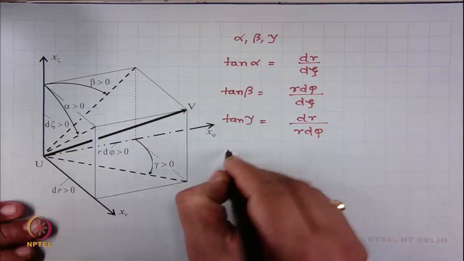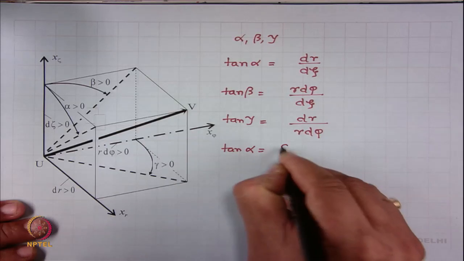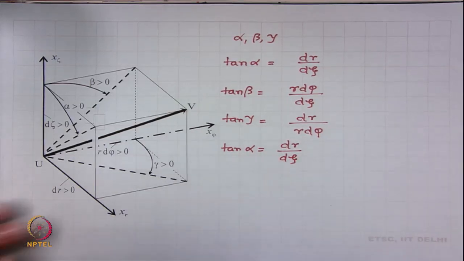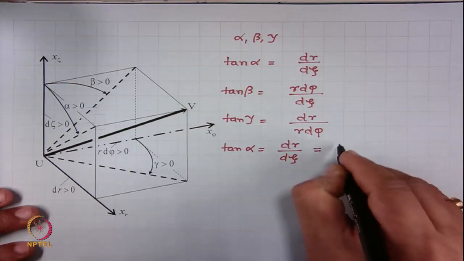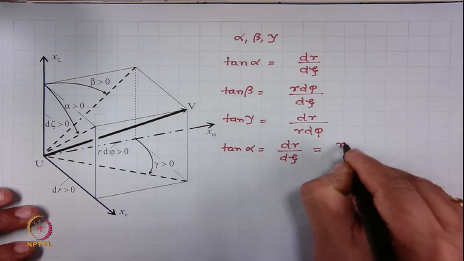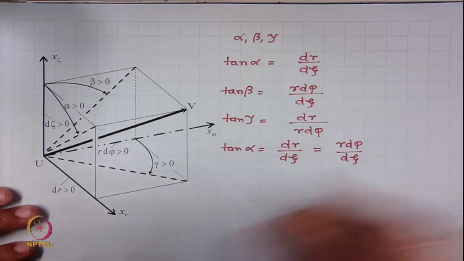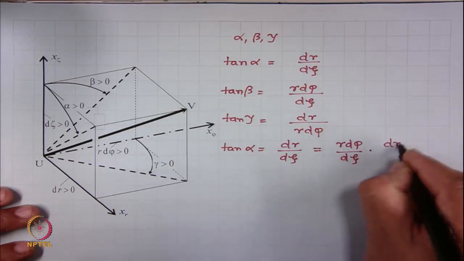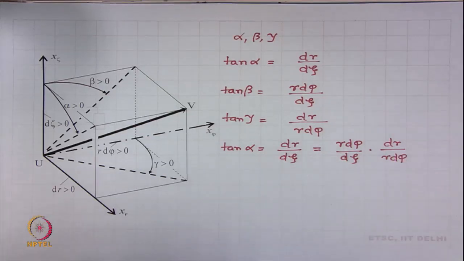Now, we see that tan alpha is dr by d zeta. dr by d zeta can also be written as r d phi by d zeta into dr by r d phi.